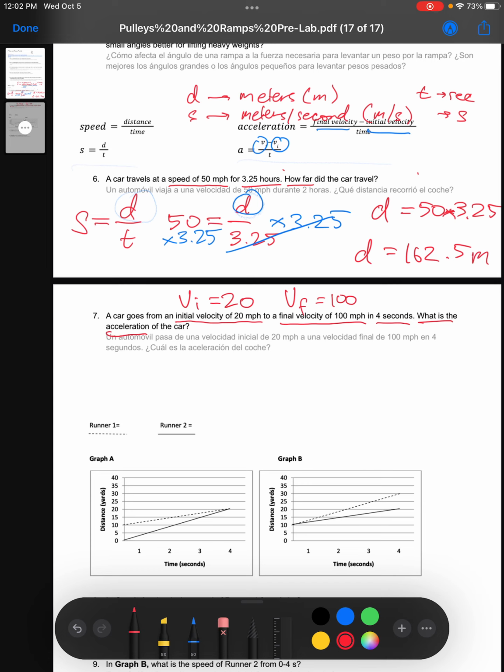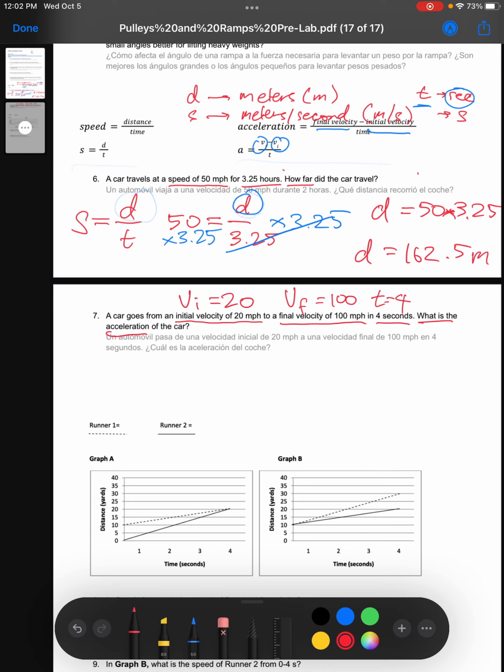And what is this asking about? 4 seconds. What information is that giving us? What measurement is that giving us? So seconds, that is giving us time. And the letter for time is t. So we can write t equals 4.